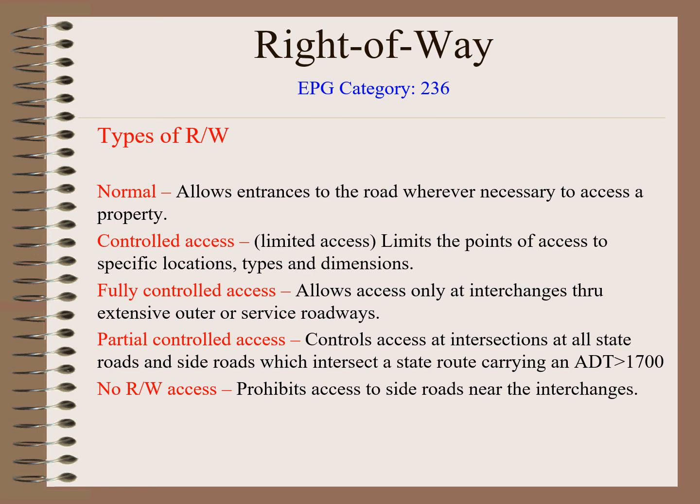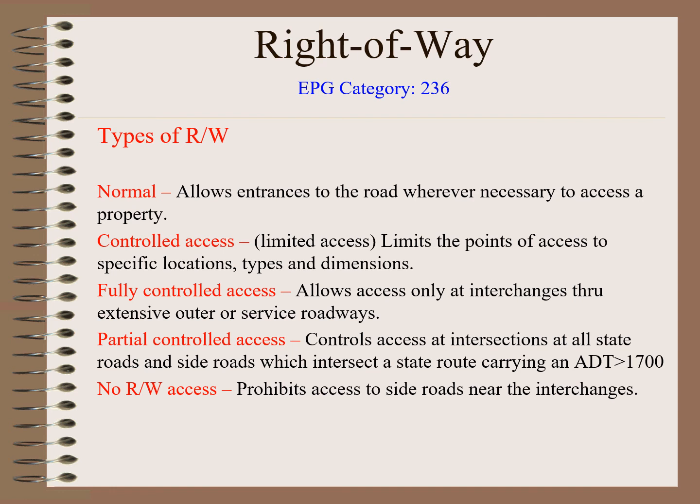Controlled access is a limited access that limits the points of access to specific location types and dimensions. Fully controlled access allows access only at interchanges through extensive outer or service roadways. You will find fully controlled access on major highways.